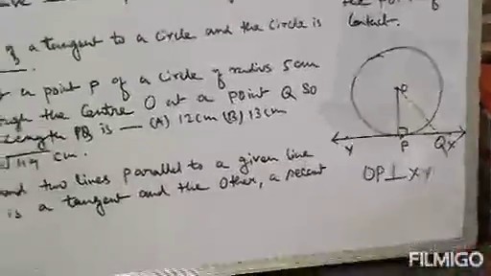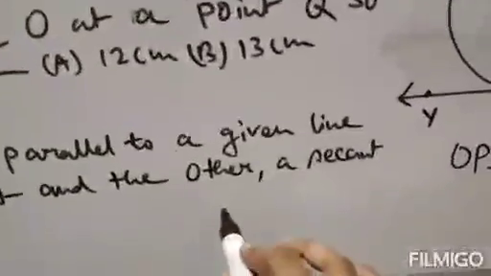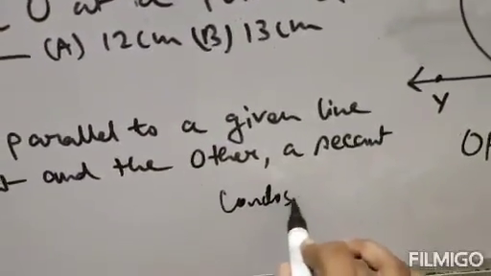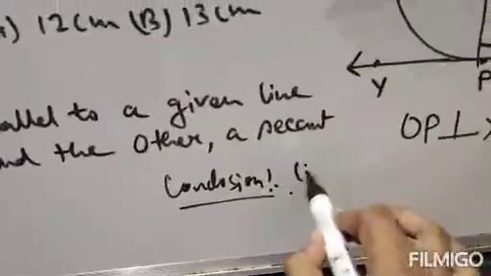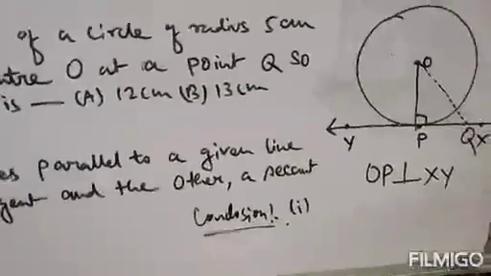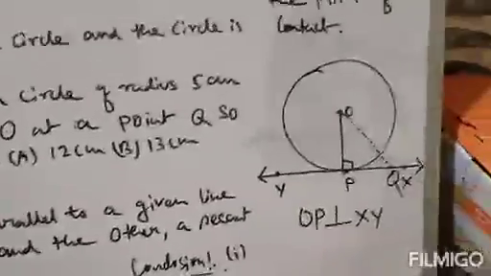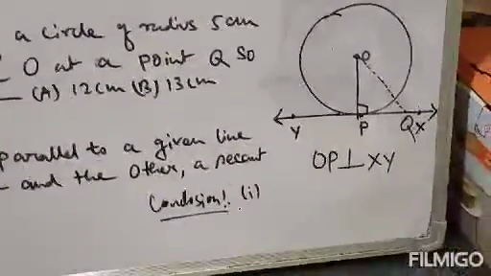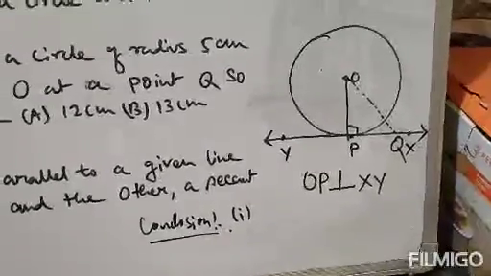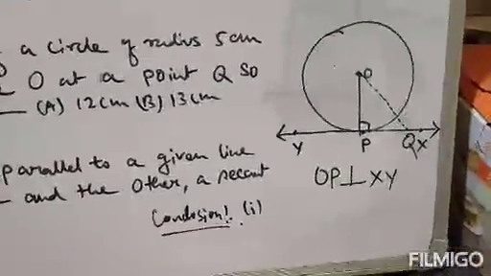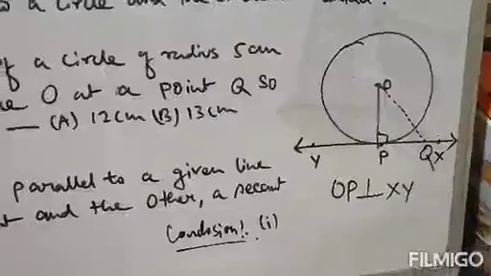Clear? Now what is the conclusion of this theorem? Number one conclusion: we can conclude by this theorem that at any point on a circle, there can be only one tangent.